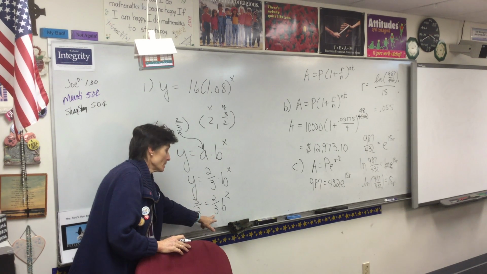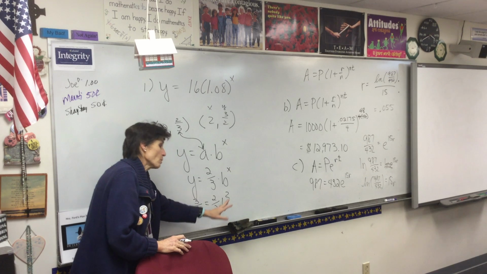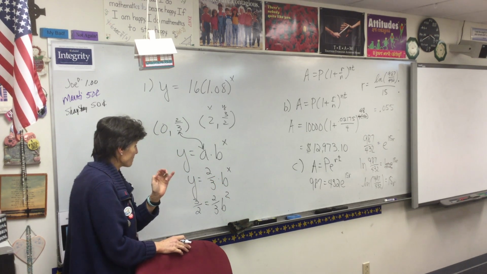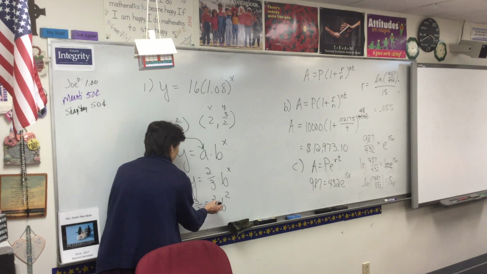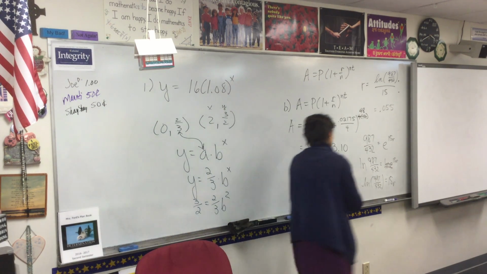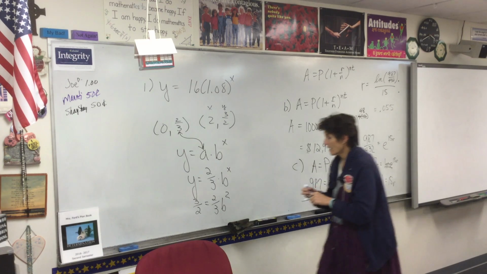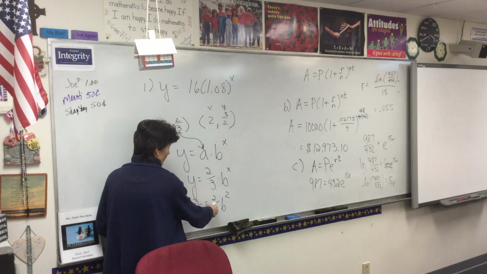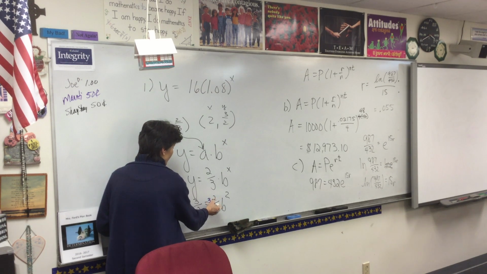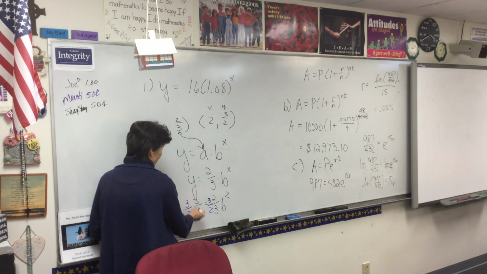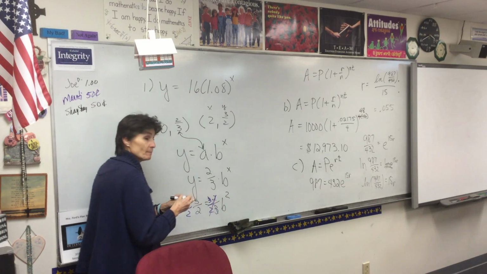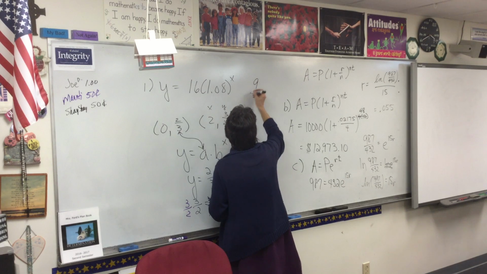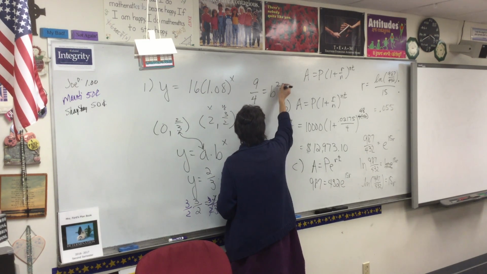Now it's a fraction, so I could divide by 2/3, but it might be easier to multiply by the reciprocal, which is 3/2. If I multiply by 3/2, it'll be gone, right? So 9/4 equals b squared.